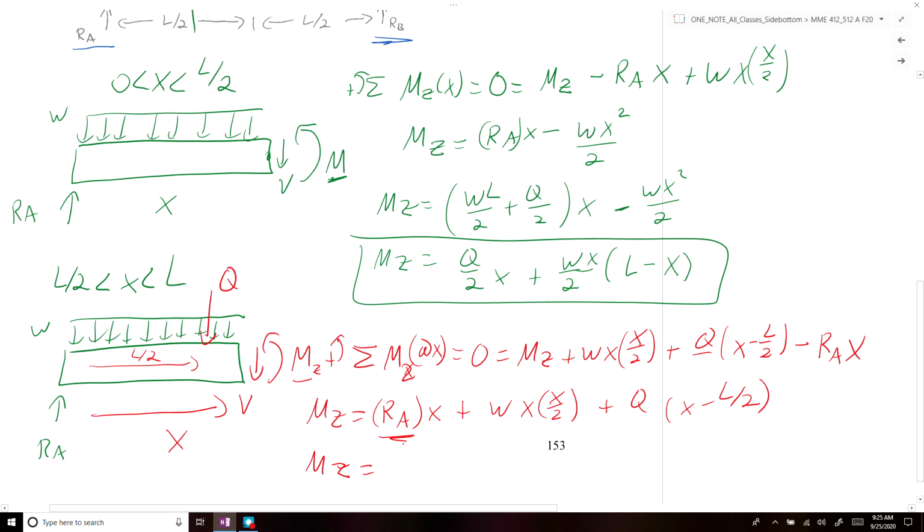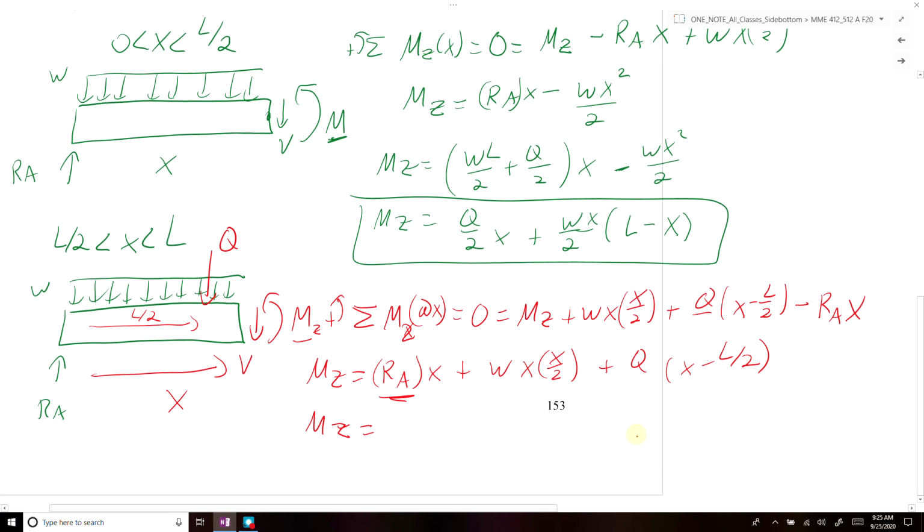If we plug in what we know of Ra, what we get for Mz of x is q over 2 x plus wx over 2 times L minus x minus q times x minus L over 2.